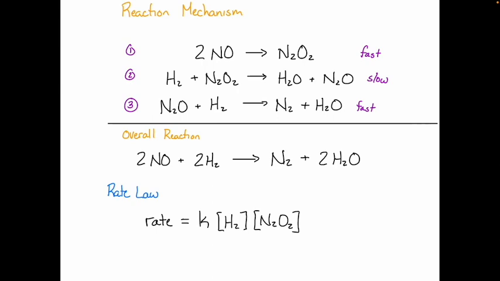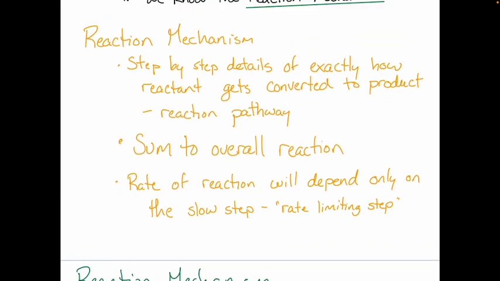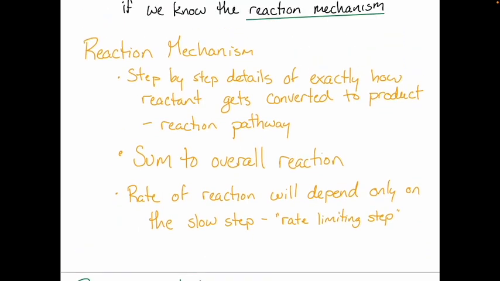All right, cool. So if you've been following along well, you would have gotten to this point. Awesome. I'm going to complicate things here in a second. There's one more thing that we have to add to how we get our rate law from our reaction mechanism, right? We say that the rate of the reaction will depend only on the slowest step, the rate limiting step.